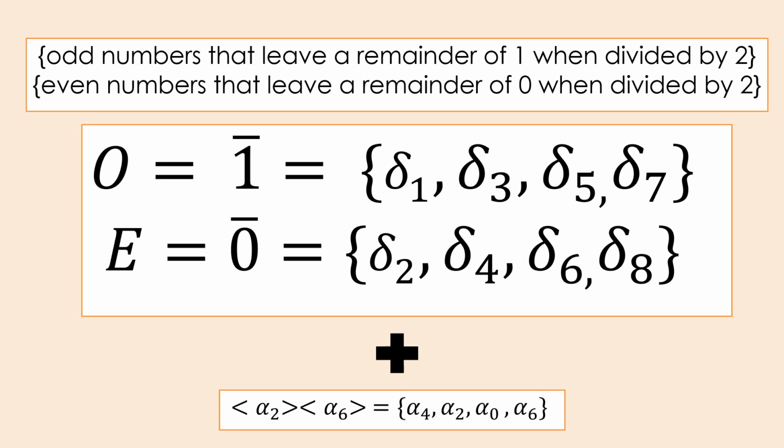A while ago, we partitioned the delta group into 2, which are odd and even. Now I will add each of these cells to the elements generated by alpha sub 2 and alpha sub 6, which are alpha 0, 2, 6, and 4, and let's see if they are candidates for a subgroup.